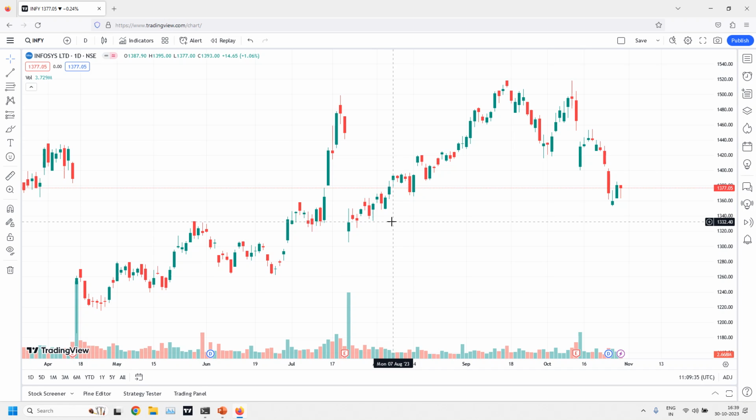I already told you this is an efficient way of calculating the trends. You also have one more method that is also efficient, that is from the demand and supply zone point of view. If there is already one more method, why should you focus on this method, you may ask.